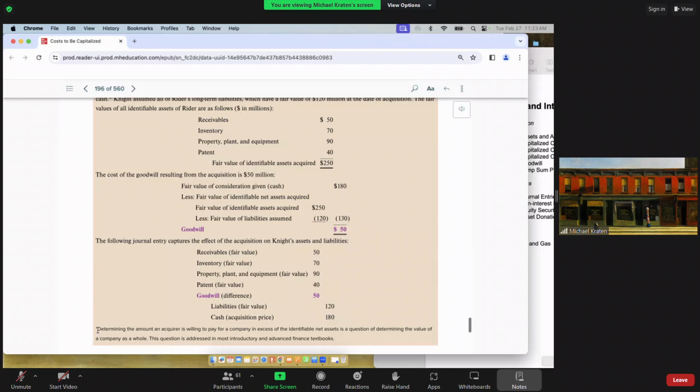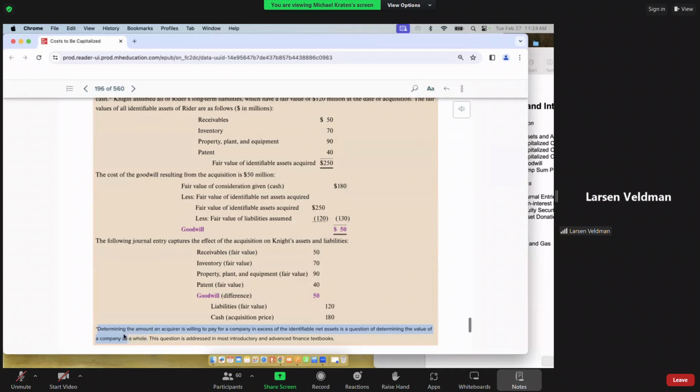That's the logic of how you compute goodwill. And basically what the author did here was try to turn that process into a verbal description of a formula. But it's really a process that you have to think through to get at whether goodwill is really there at all. And if so, how much could it be worth?